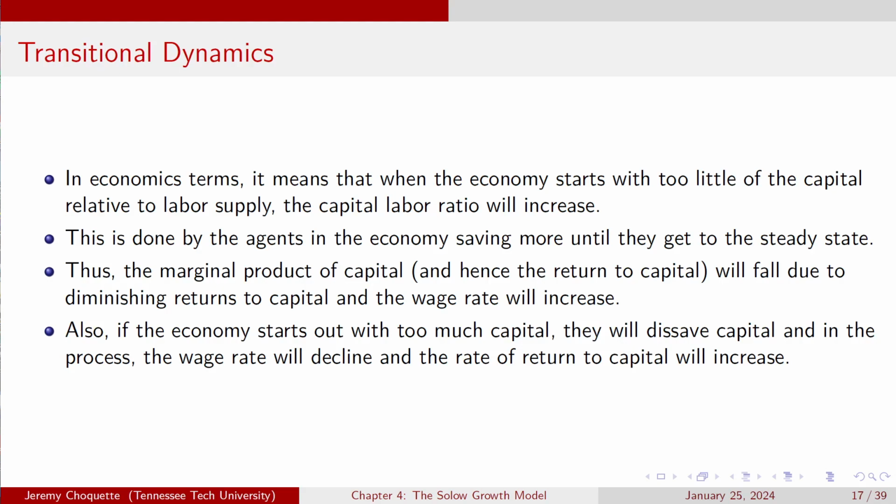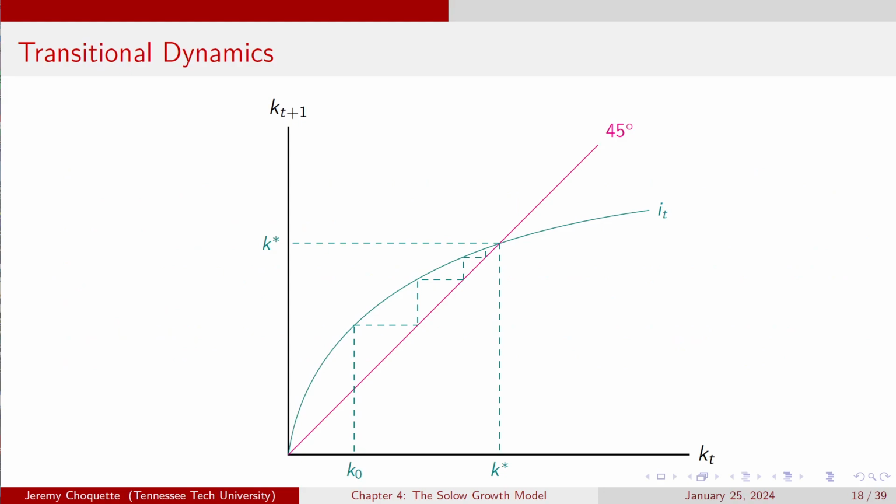Now, explicitly, you're not seeing this because I didn't show you anything with the wage rate, but this is just what's going to be happening. If the economy starts out with too much capital, then they'll dissave, meaning they'll consume more, save less, and invest less. The wage rate declines, and the rate of return to capital will increase.